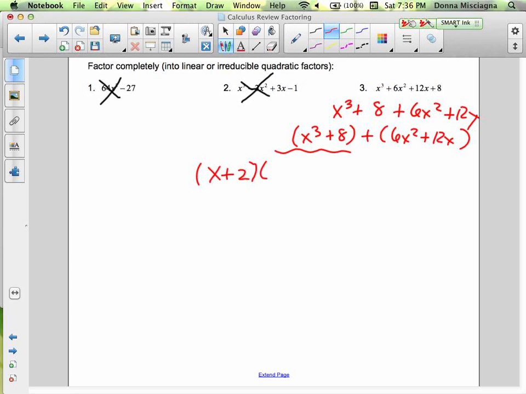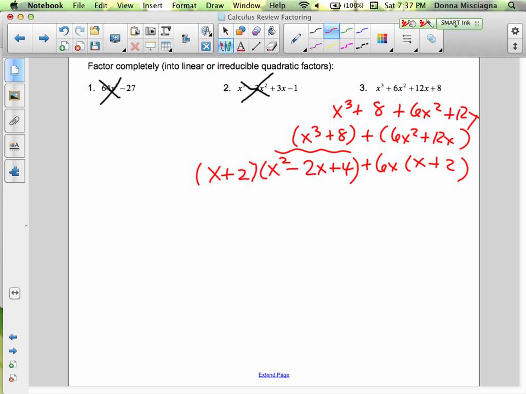So x plus 2 times x squared, and then minus the cube root of x times the cube root of 8, so that's going to be minus 2x, and then plus the cube root of 8 squared, so 2 squared, or 4. There we go. Plus, we could factor a 6x out, and we'd be left with x plus 2.